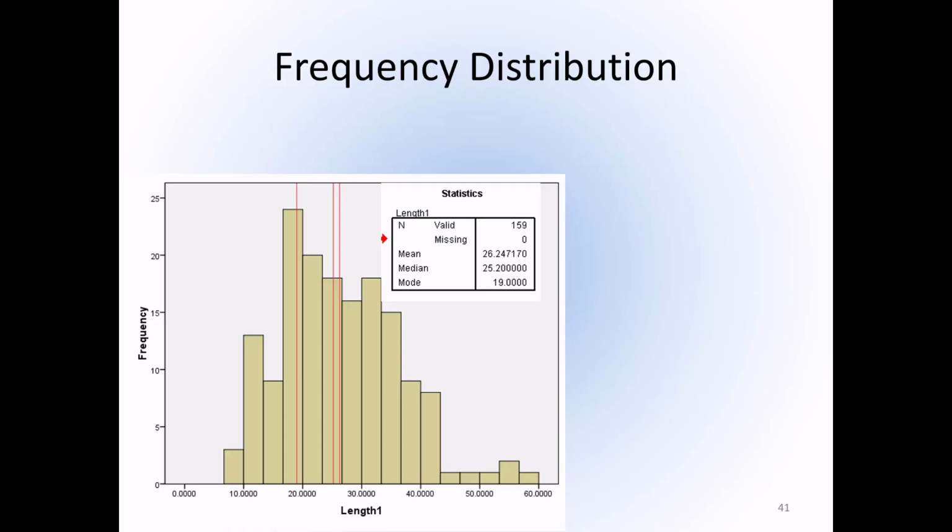Now, how do these three measures of central tendency relate to each other based on the shape of our distribution? So here we've got a histogram of length, and each of these lines indicates a different measure of central tendency, showing that each of these is slightly different from one another. Now, we can make a prediction as far as which measure of central tendency is larger or smaller than each other based on the shape of the skewness, whether it's right skewed, left skewed, or symmetrical.